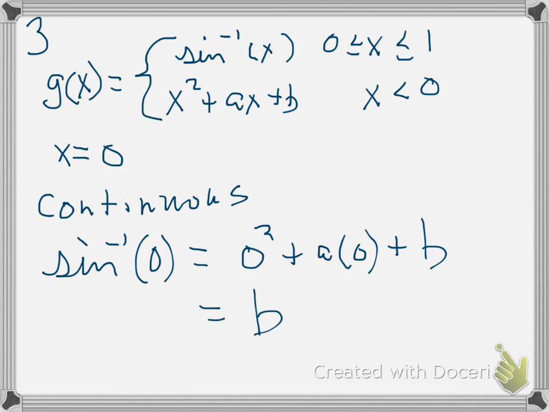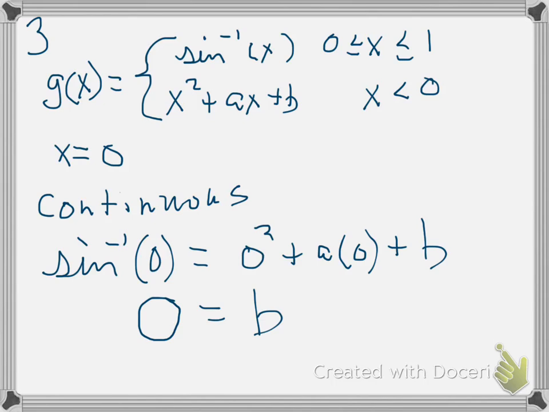It leaves me with b on the right hand side. And the inverse sine of 0 is 0. You can check that in your calculator if you like. Think about 0 degrees. Cosine is 1, sine is 0. So it's 0. Now we know that b is equal to 0, and that's going to make this thing continuous, so that at 0, each of those pieces match up.